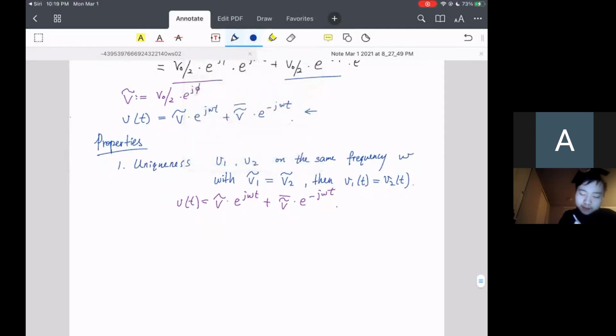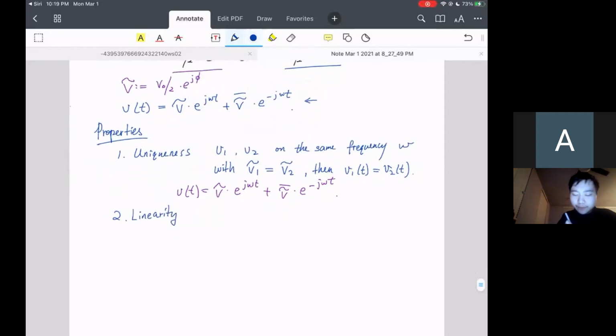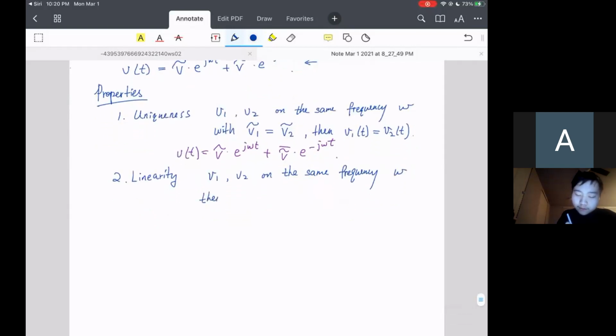The second property is linearity. If we have V1 and V2, again, they have to be on the same frequency, that is omega, then A V1 and B V2 must also be sinusoidal with the same frequency.